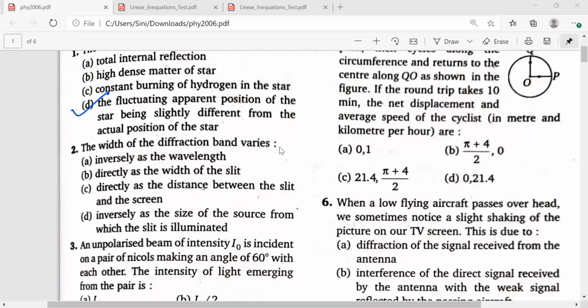Now the second question. The width of the diffraction band varies inversely as the wavelength, directly as the width of the slit, directly as the distance between slit and the screen, inversely as the size of the source from which the slit is illuminated. What is the option?